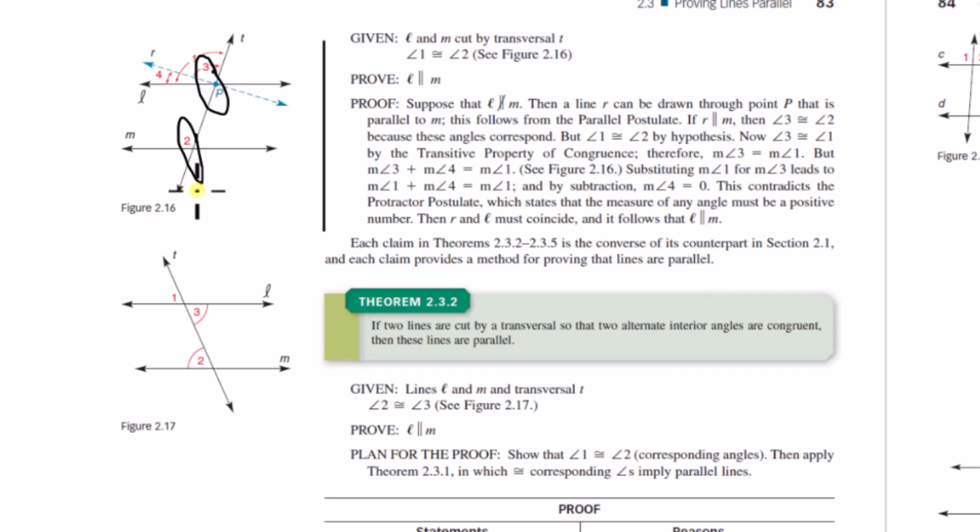So we don't need to prove that these two are congruent. Then if these two are congruent, 100% these two are supplementary no matter what. So that fixes it: if these two are congruent, then these two must be congruent because they're supplementary. But then you have more vertical angles, you see?